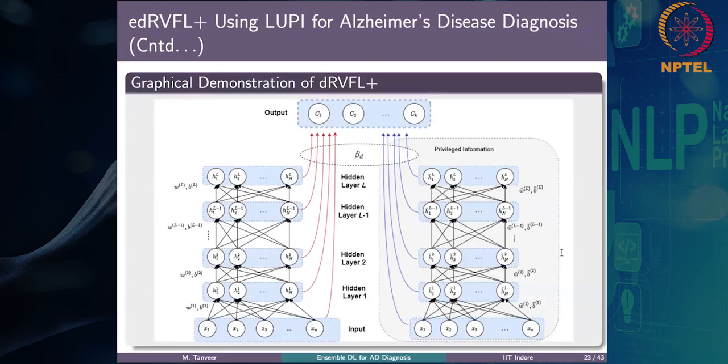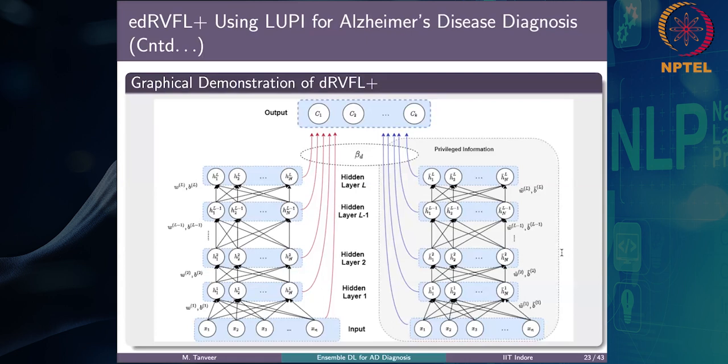We can see from this architecture that deep RVFL plus consists of two components. On the left side we have a normal component, and on the right-hand side we have the privilege component, or we can say normal information and privilege information. The left side, that is the normal information, is processed through L number of hidden layers, with each layer receiving the input from the previous layer.